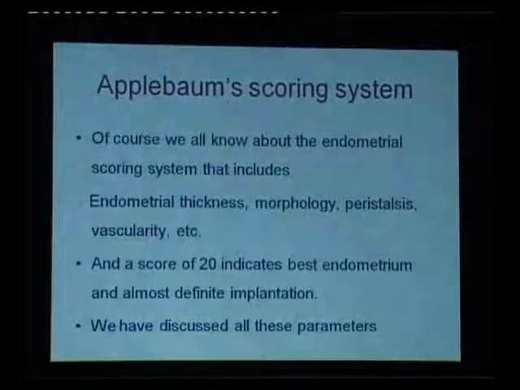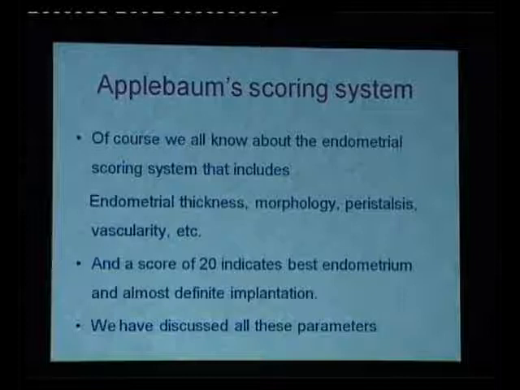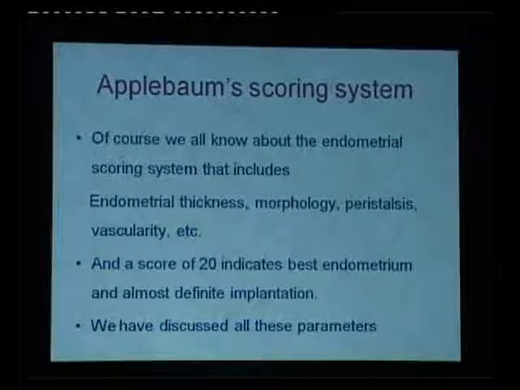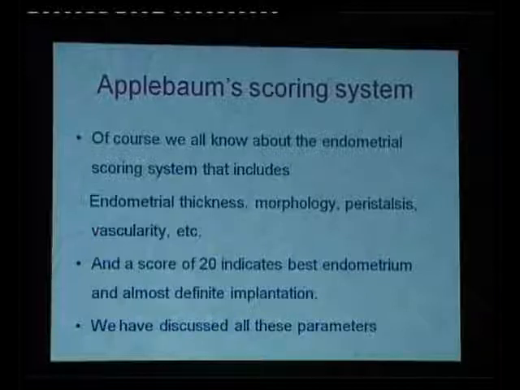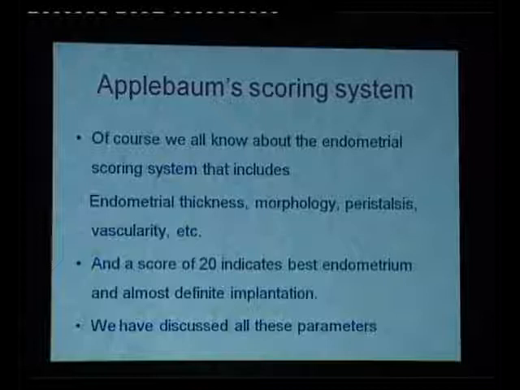Of course, we all know whenever anybody is talking about endometrial receptivity, Applebaum scoring needs a mention. Though yes, it was used and it has been approved by a lot of people, even when the score is 20, it indicates the best endometrium, it is still not 100% implantation chance, because implantation doesn't depend only on the endometrium.